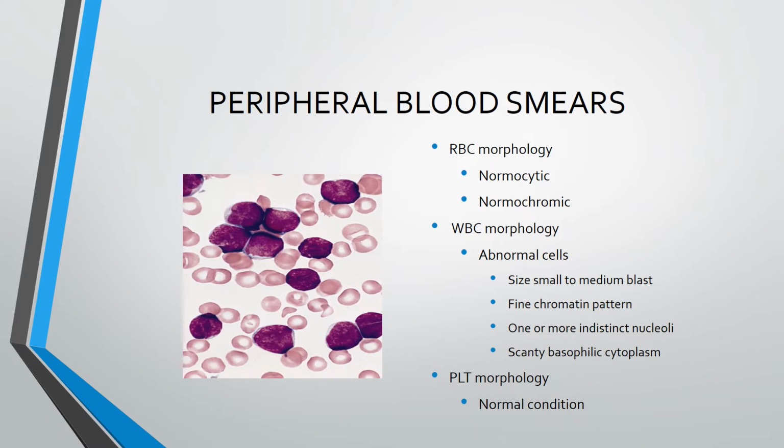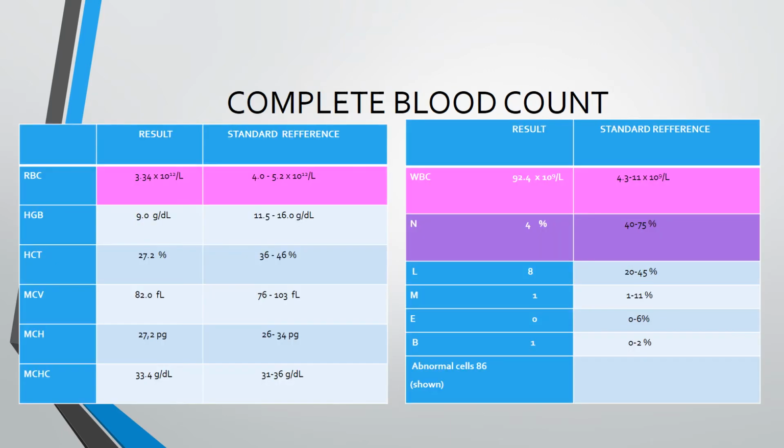However, platelet morphology is within the normal limit. From the complete blood count, it's recorded that the reading for red blood cells is relatively low. However, the reading for white blood cells is relatively high, and abnormal cells are also shown.